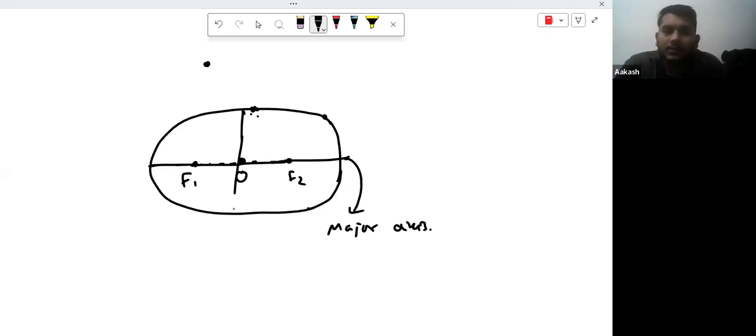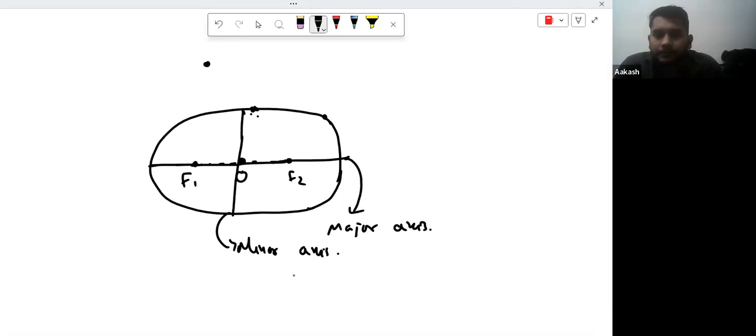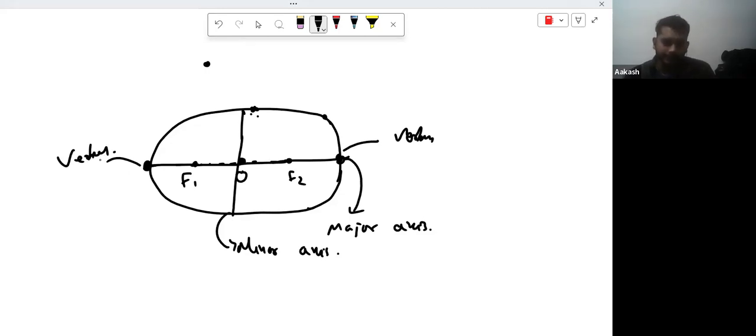So this kind of line is the minor axis. These things are clear? Yes, sir. All right. What is left? Vertices. So the endpoints of the major axis are called vertices. You can draw the diagram also. These are vertices.